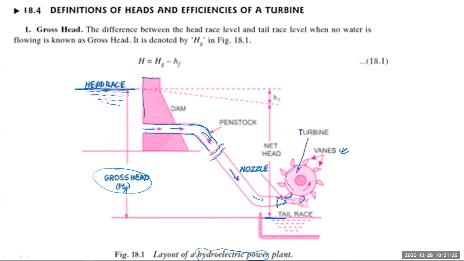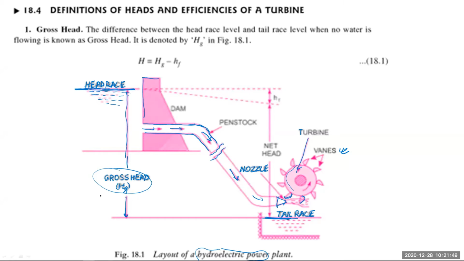This is called the tail race. The vertical distance from the head race to the tail race is called the gross head, represented by capital HG.